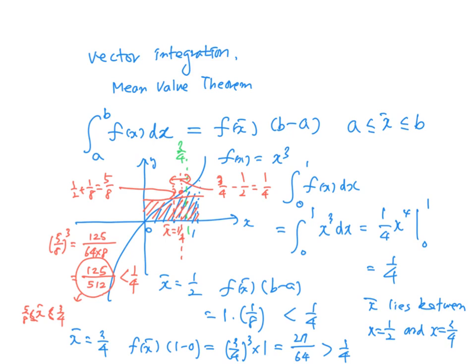But you know why I'm doing this, right? So you can approximate the integral by the value of the function at the midpoint times the distance. And then you can actually expand this to more than 1 dimension.